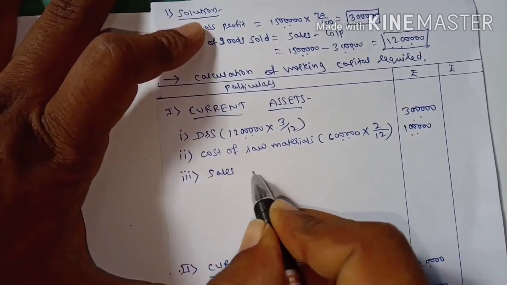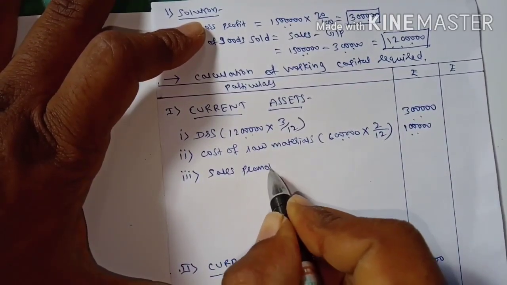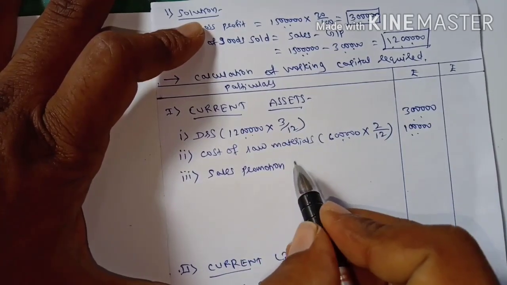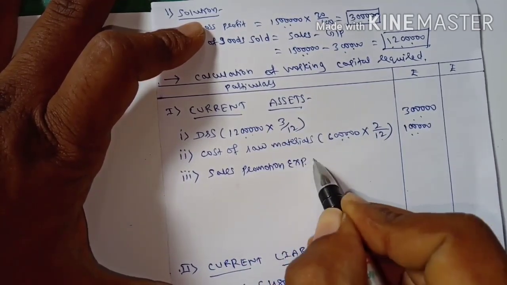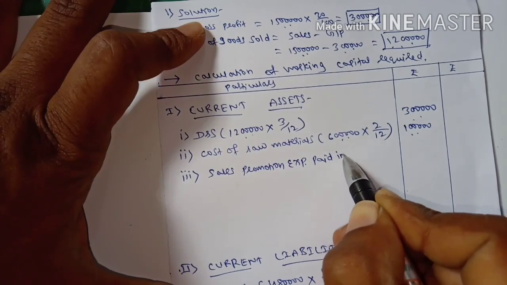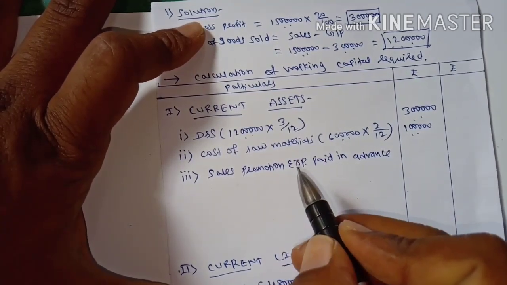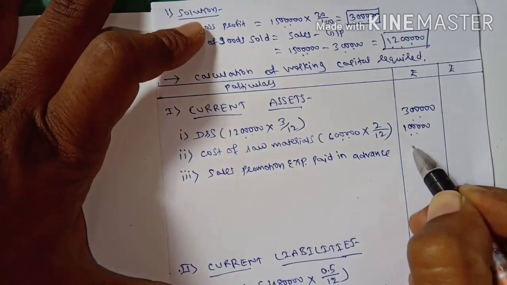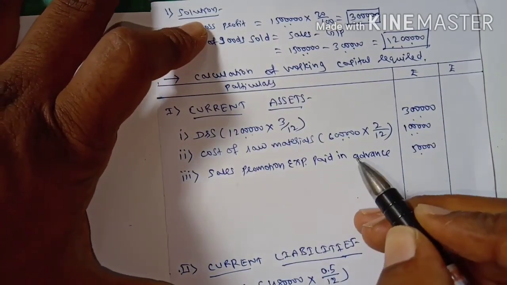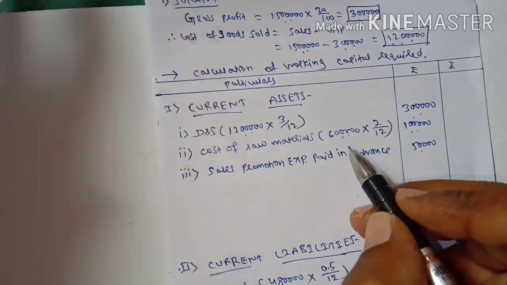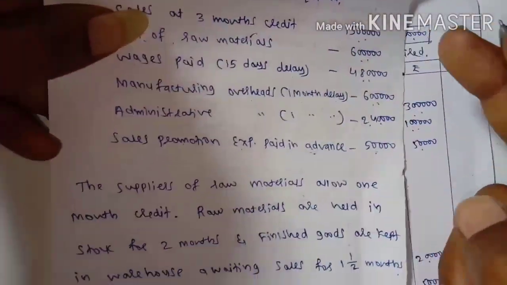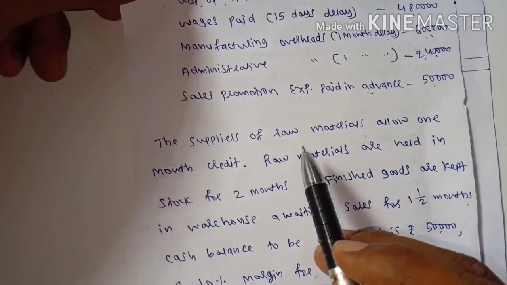Sales promotion expenses paid in advance. So we have to take the amount directly over here. It is 50,000.